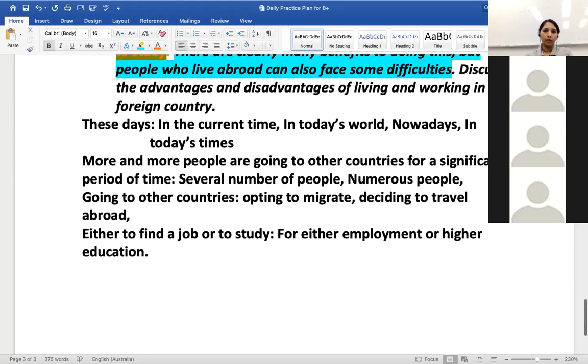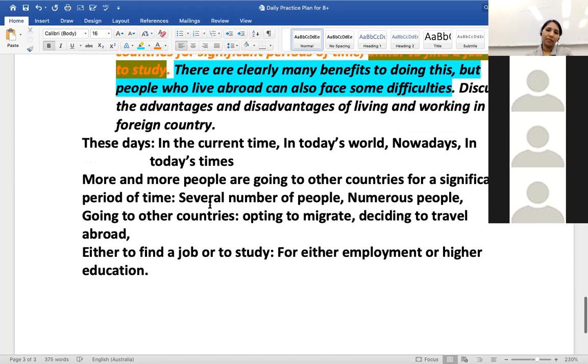Then clearly there are many benefits to doing so. So you would say benefits would be advantages. So clearly could be there are definite advantages to this.